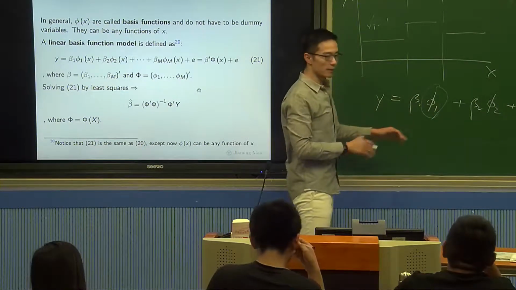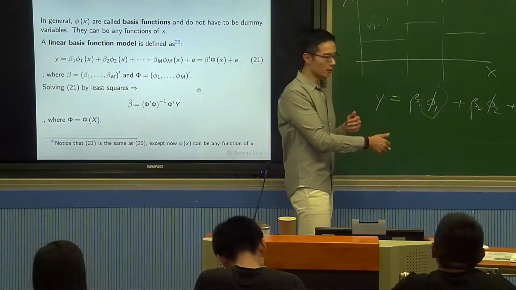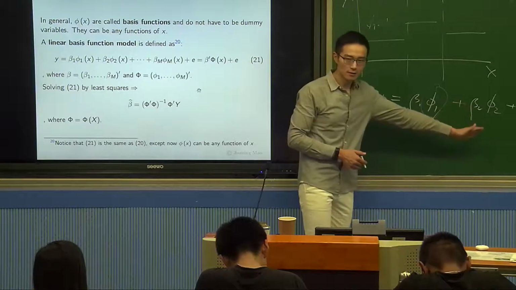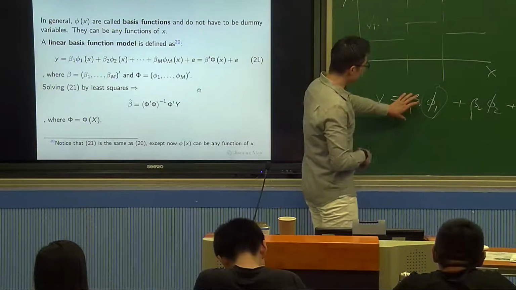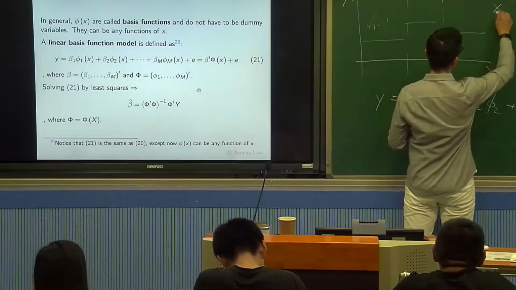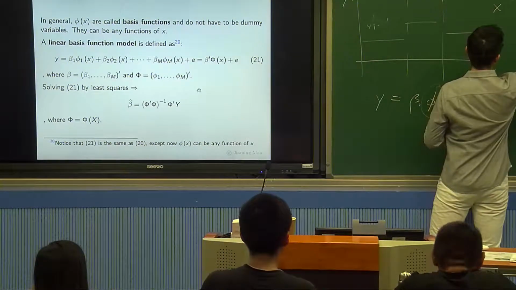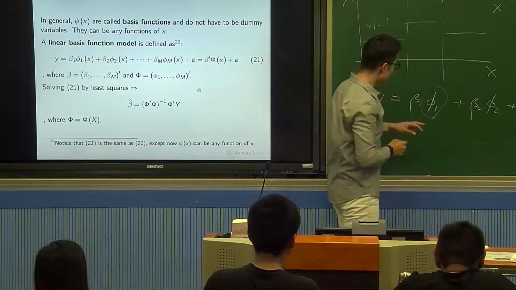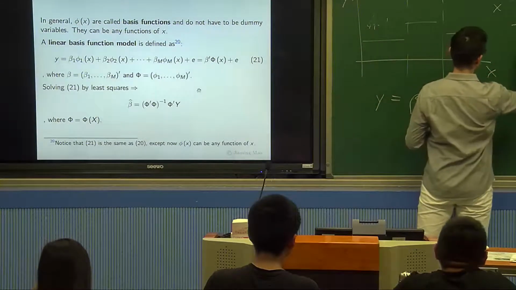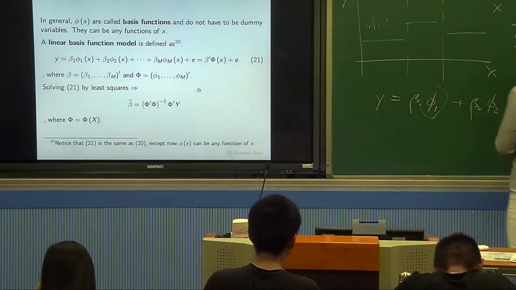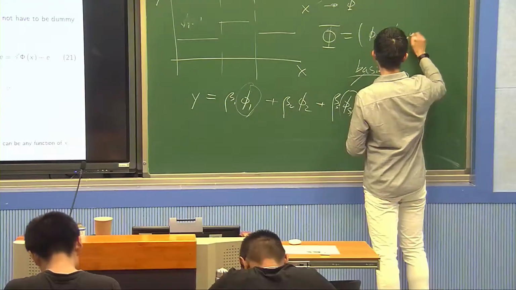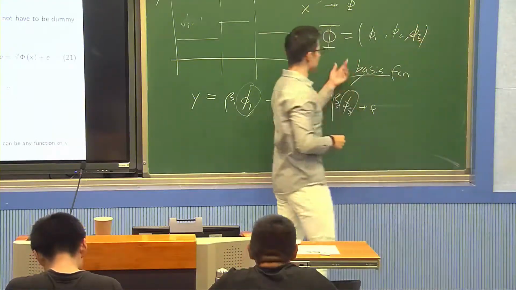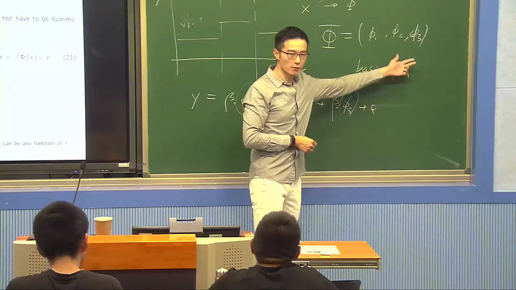And so this is called a linear basis function model because the model is linear in the basis functions. We can also say that to go from x to phi x. Actually, let me first write a large phi equal to phi 1, phi 2, phi 3, right? I'm going to define a large phi equal to phi 1, phi 2, phi 3.